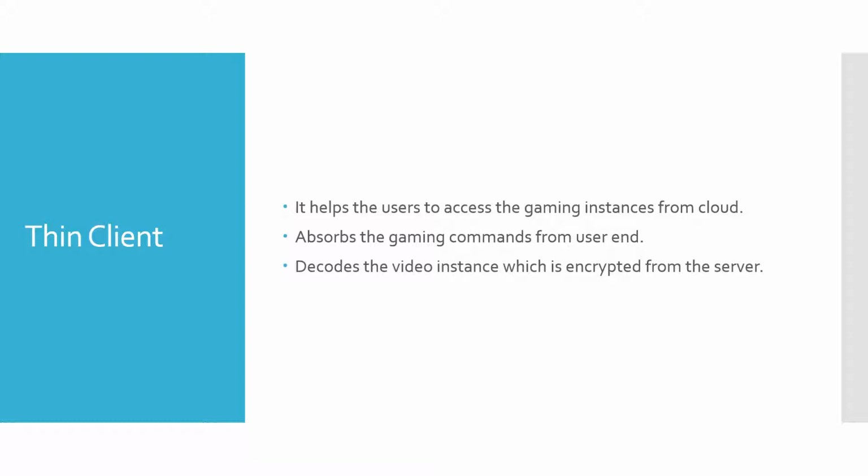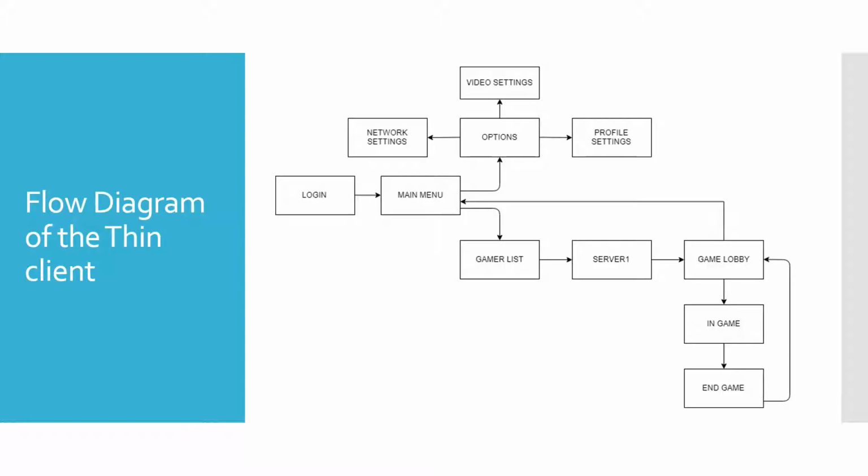Here is the flow diagram of this thin client that we are going to create. The user will be able to log in through the thin client, and after logging in will have the main menu where the options and the game list will be.